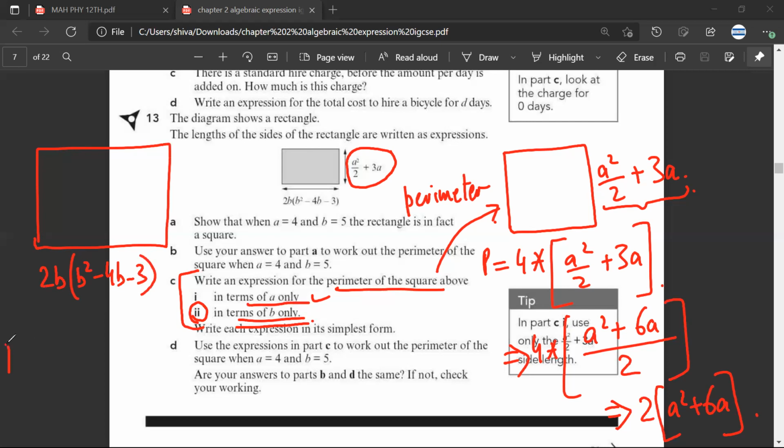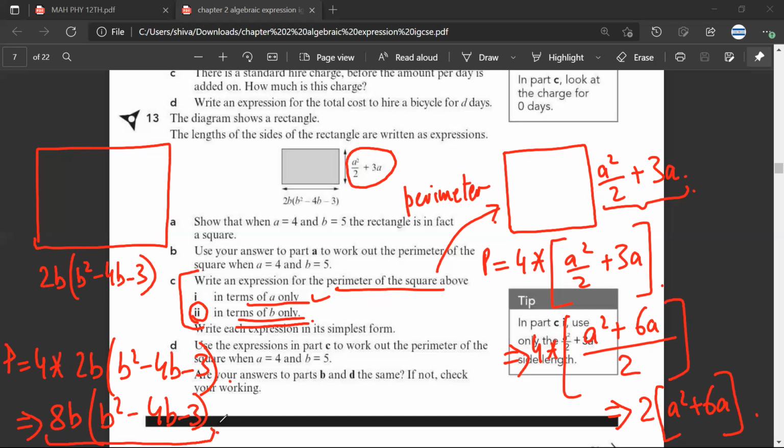So the perimeter is equal to 4 into 2B, B square minus 4B minus 3. This would be 8B into B square minus 4B minus 3. Sarthak, is it correct? Yes, sir.